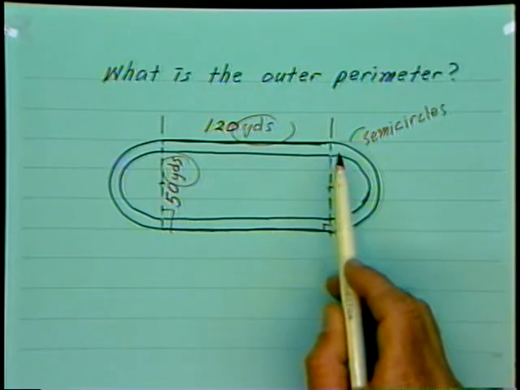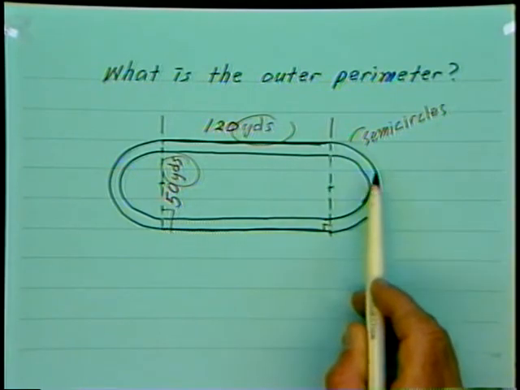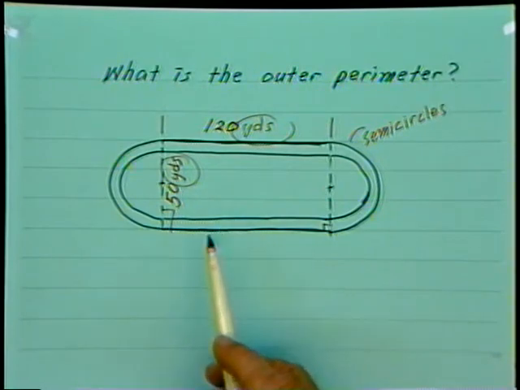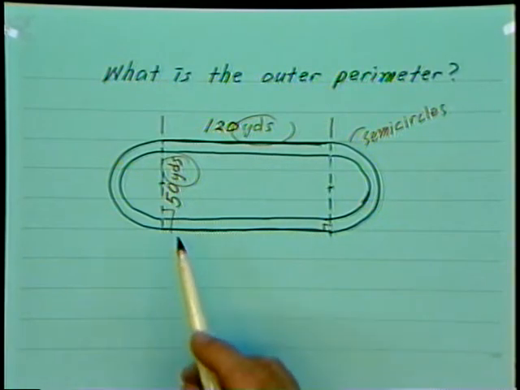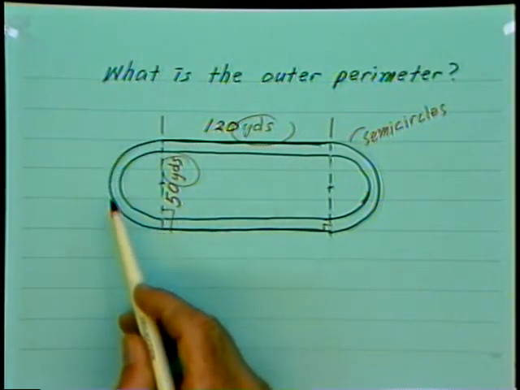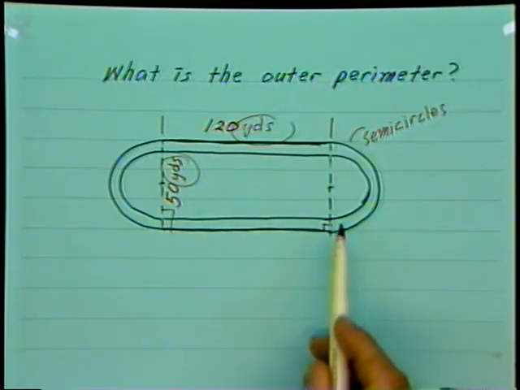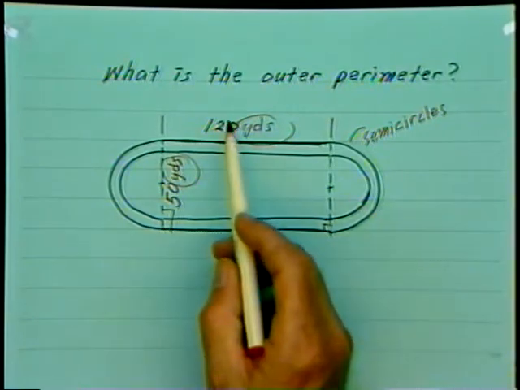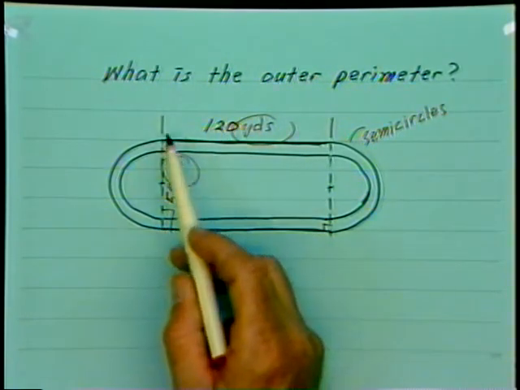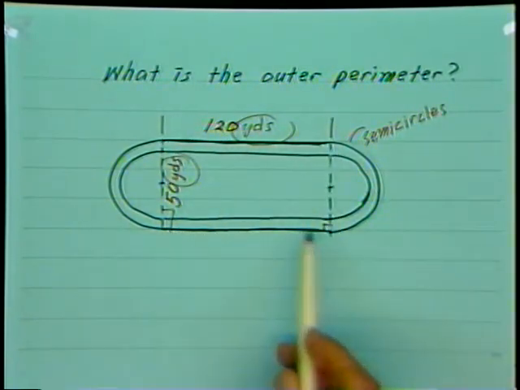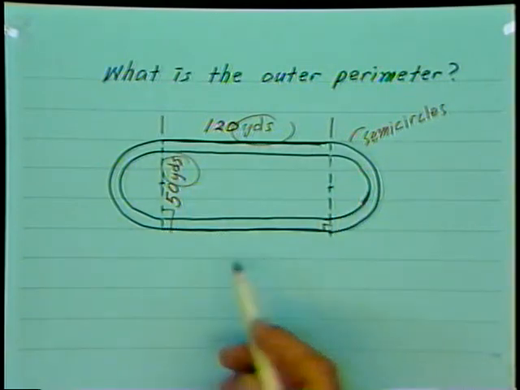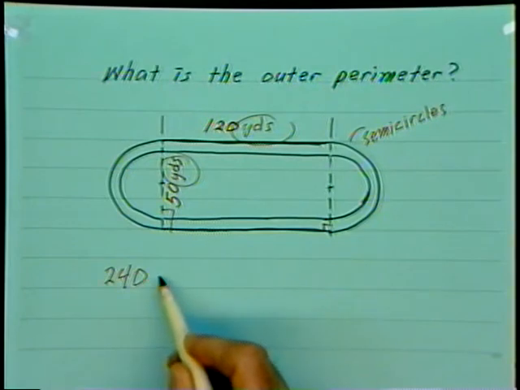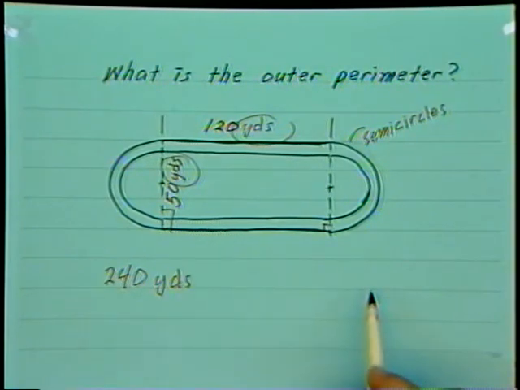We make note that if I take this and add it onto this, together they constitute a whole circle. So in effect, I need to know the circumference of one circle, or simply split and spread apart, added to this double, because being a rectangle, this will be as long as this, so their length together would be 240 yards.